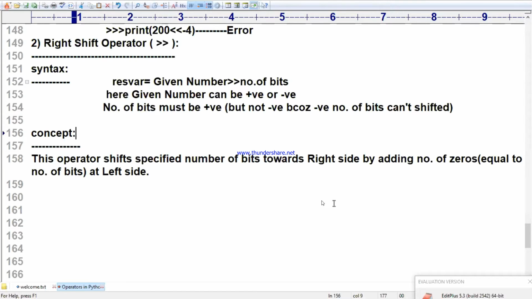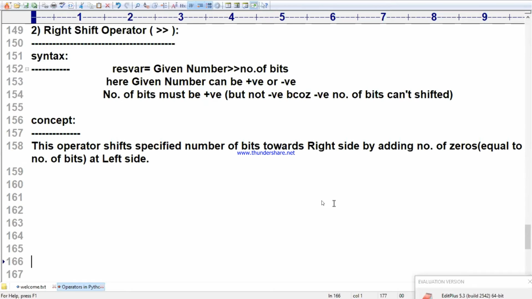Now write down the right shift operator. Write down.